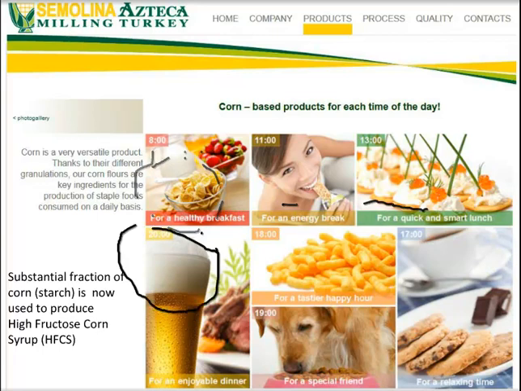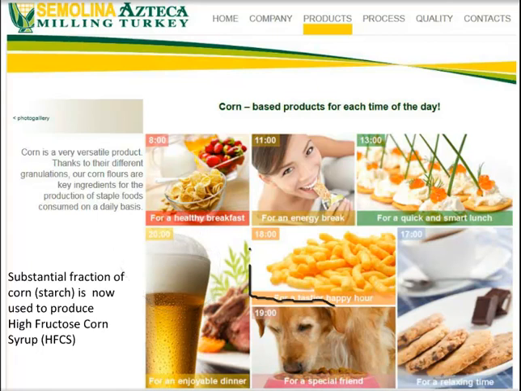As I mentioned, corn is used to produce the sweetener HFCS, but also corn is used to produce starch and corn oil. So we can see already that two of the three ingredients of interest, sugar and fat, can readily be prepared from this one agricultural product.